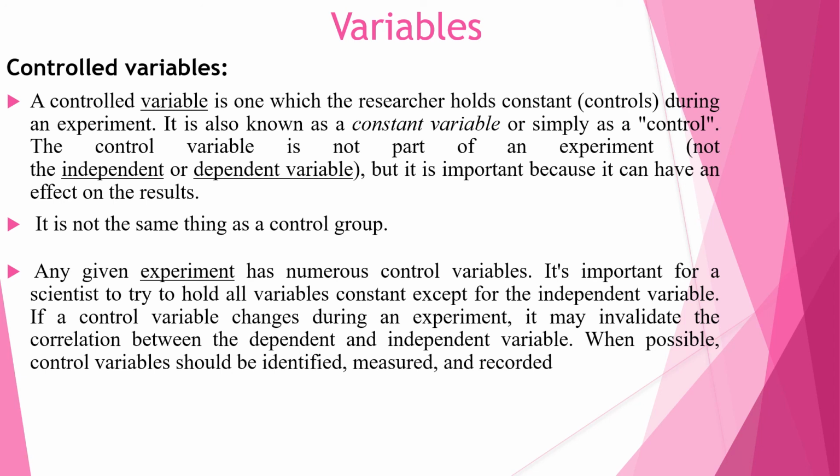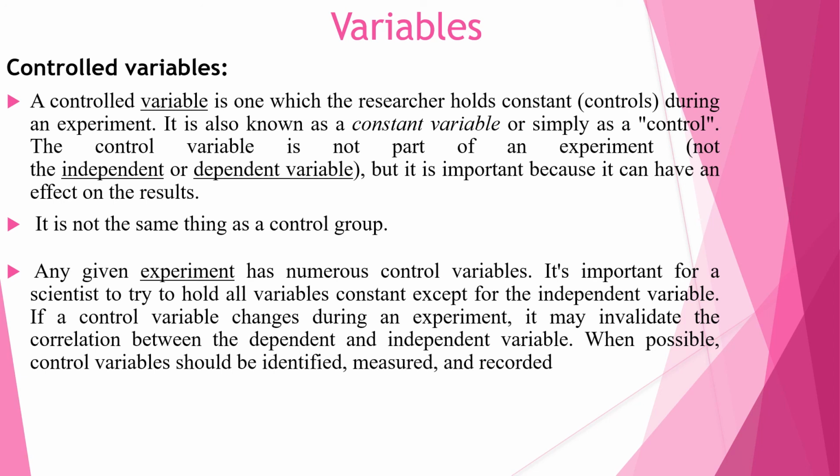So extraneous variables can also be considered controlled variables if we can control them. The controlled variables have the capacity to affect the result of the experiment. If a control variable changes during the experiment, it may cause some kind of error in finding the correlation between the dependent and independent variable.